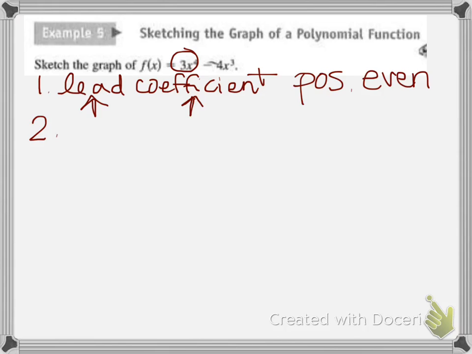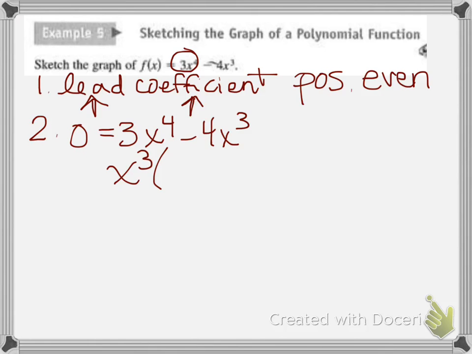So we're going to put 0 in for f of x, and then we're going to solve for x. So what goes into both of those? X cubed, we're going to take the x cubed out. That leaves me with 3x minus 4.